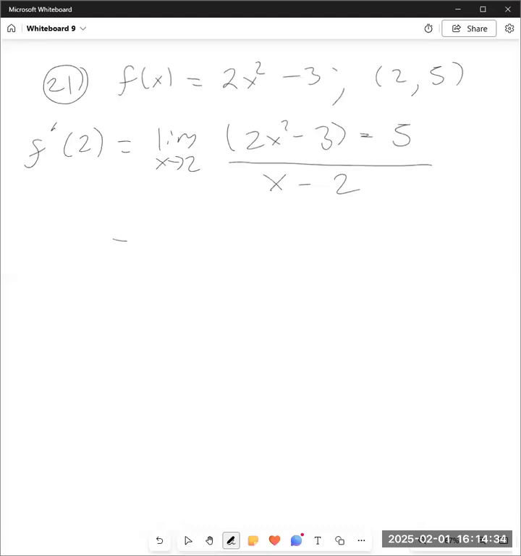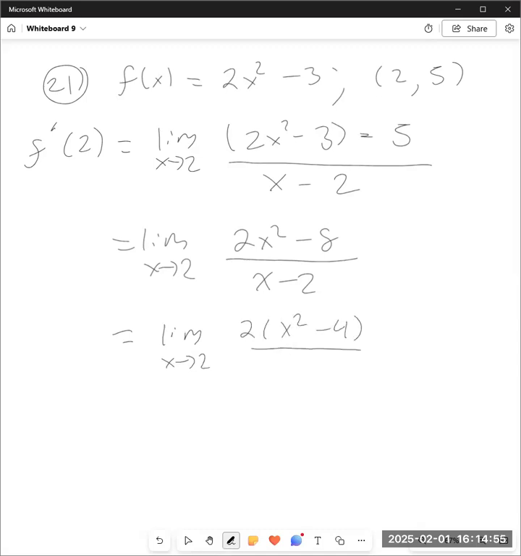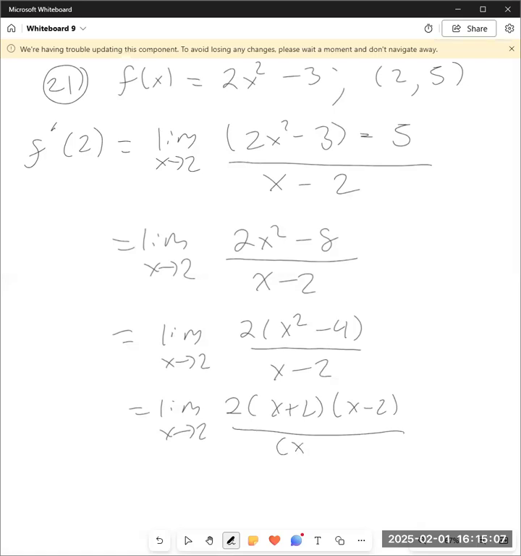And so we're going to have the limit as x approaches 2 of 2x squared minus 3x minus 5, that's a minus 8, over x minus 2. Let's pull that 2 out, and that makes an x squared minus 4. And that x squared minus 4 factors into an x plus 2 and an x minus 2 over an x minus 2.